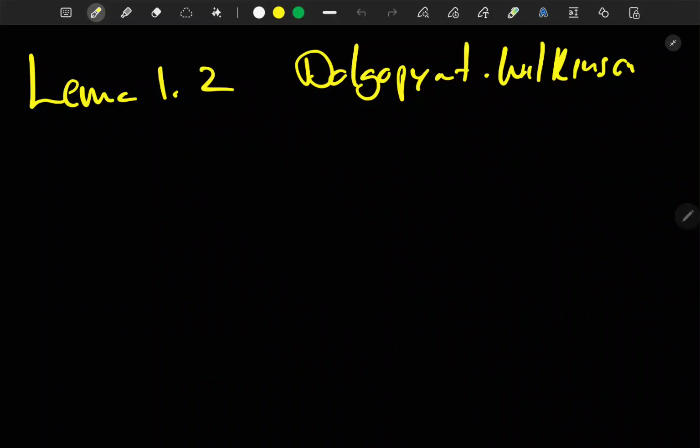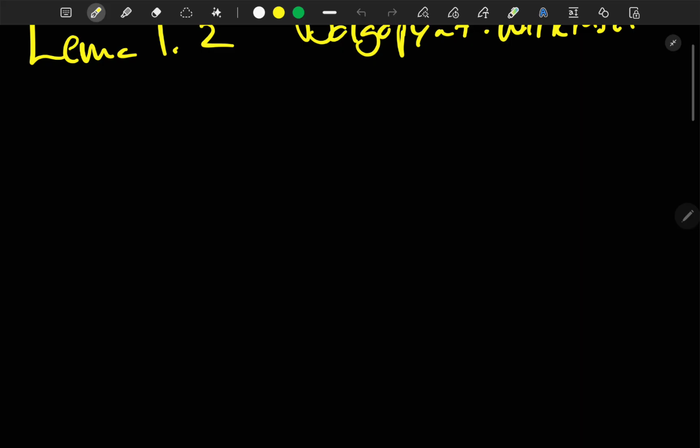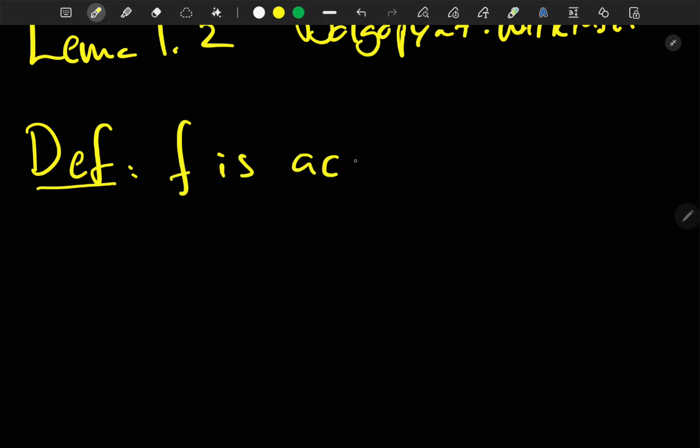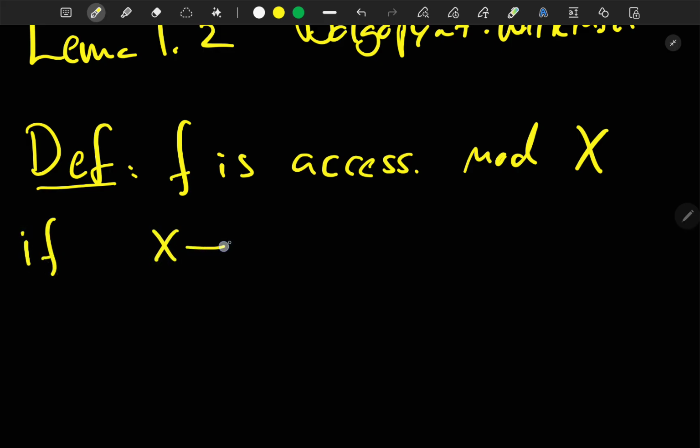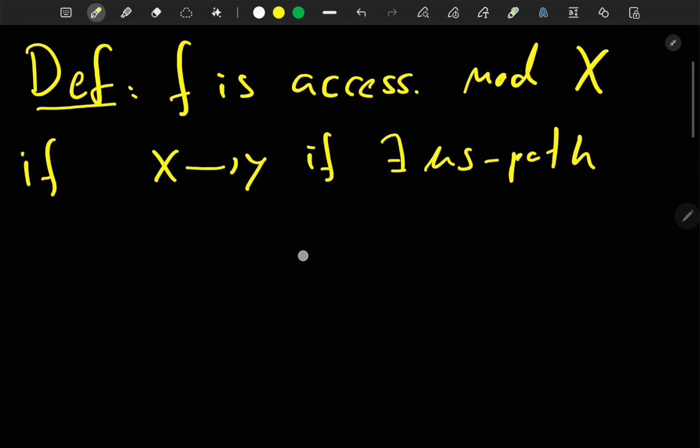Okay, so let's start with Lemma 1.2. First, we'll give some definitions. The first definition is: f is accessible mod some set x if, okay, so I will say that a point x goes to y if there exists a US path joining x and y.